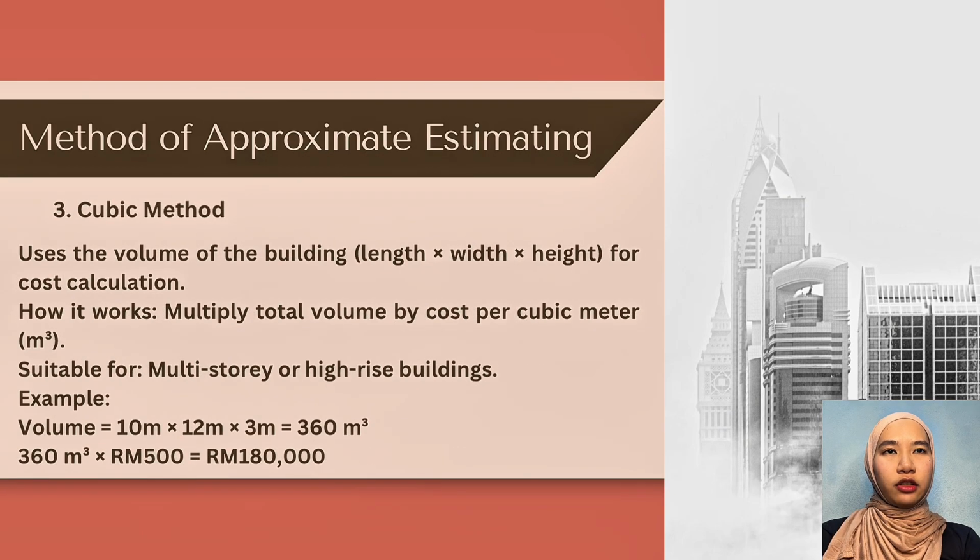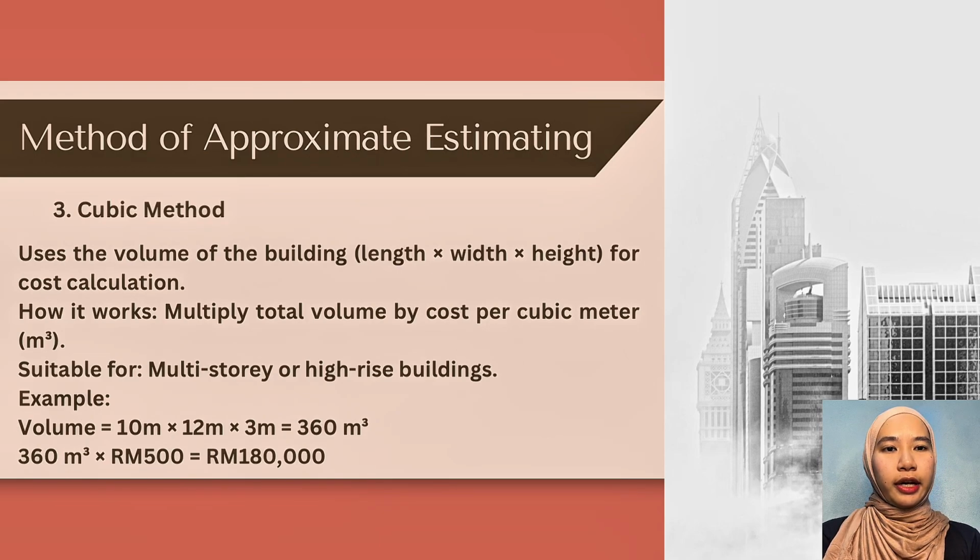The third method of approximate estimating is the cubic method. This uses the volume of the building, such as length times width times height, for the cost calculation. This method is suitable for multi-story or high-rise buildings. It works by multiplying total volume by cost per cubic meter. For example, we have a volume of 10 meters times 12 meters times 3 meters.